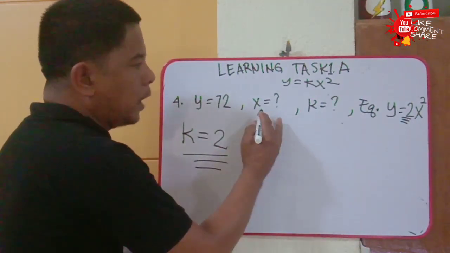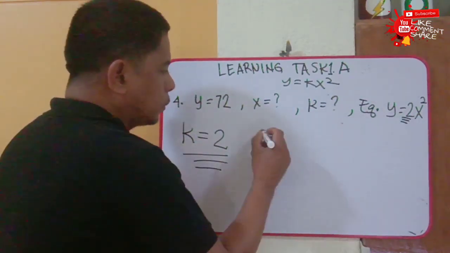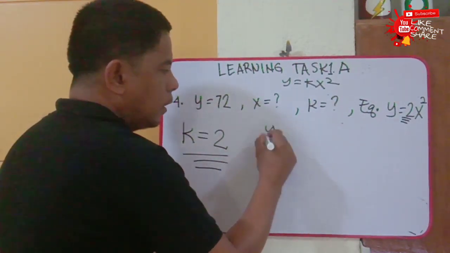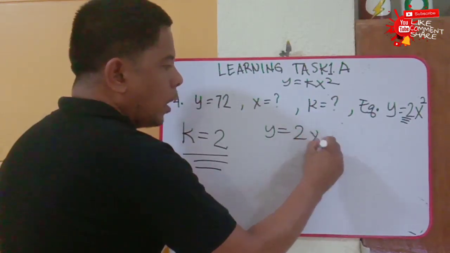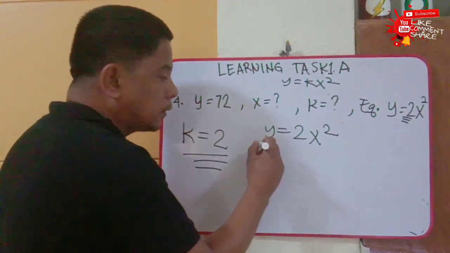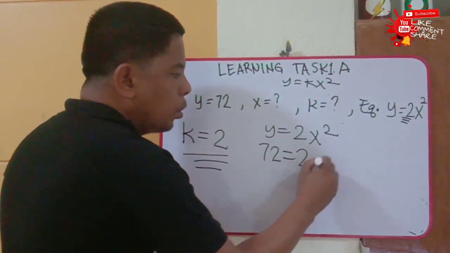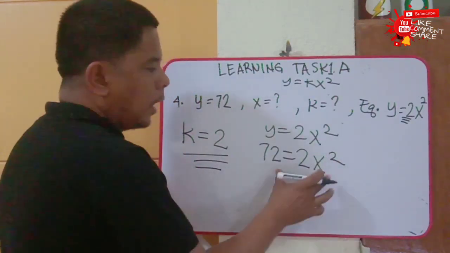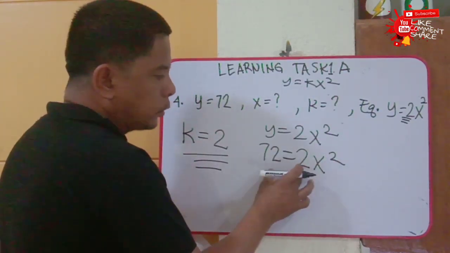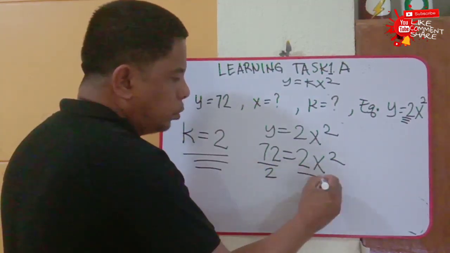Next is find the value of x. Kukunin natin using the equation. So, y equals 2x squared. What is y? In our given, y equals 72. So, 72 equals 2x squared. Then, eliminate ang 2, isolate ang x, so divide both sides by 2.